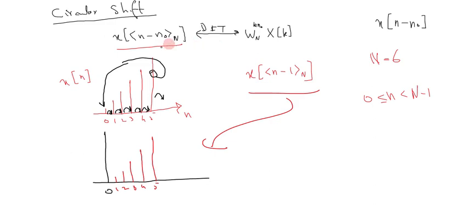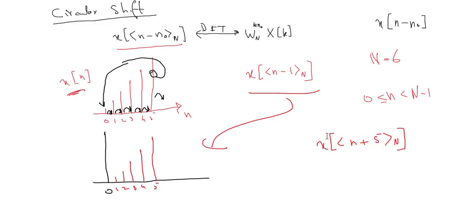So let's suppose that instead of circularly delaying your signal, you want to circularly advance your signal by an amount of 5 units.